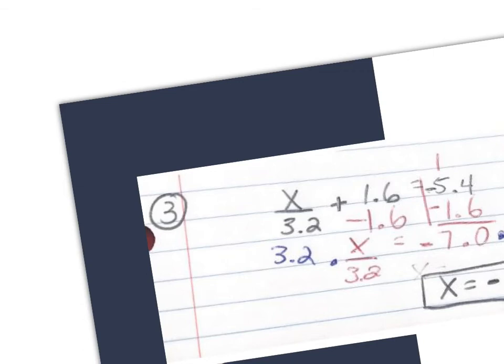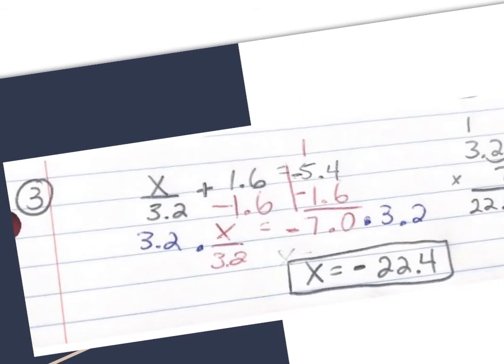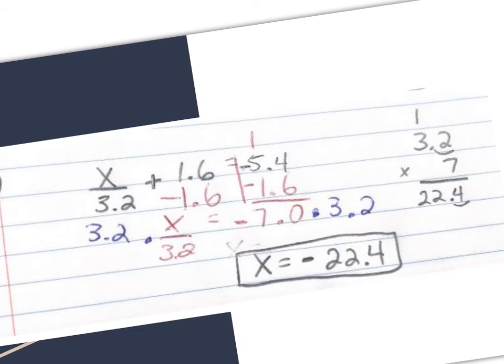We're going to multiply by 3 2/10 on each side. And negative 7 times 3 2/10, I worked it out on the right-hand side, you can see here. 7 times 2 is 14, 7 times 3 is 21, plus our 1 for the carryover place is 22. We have to move our decimal back in one place, and I have 22 4/10.